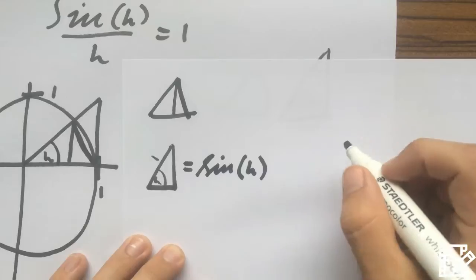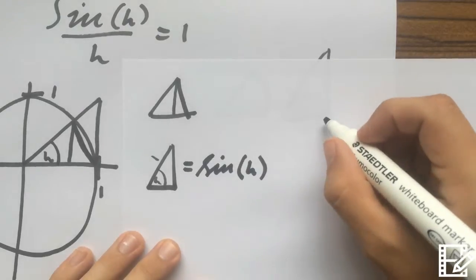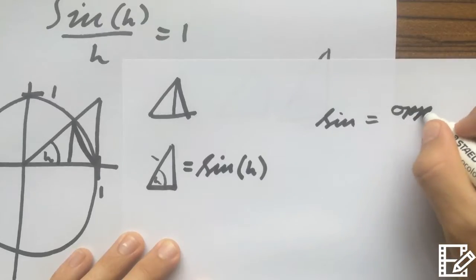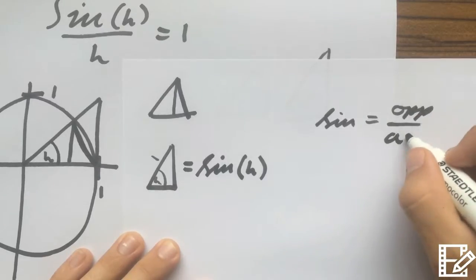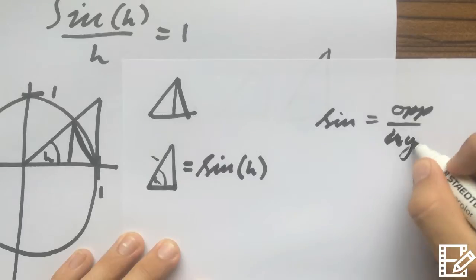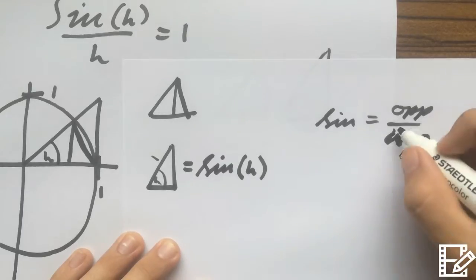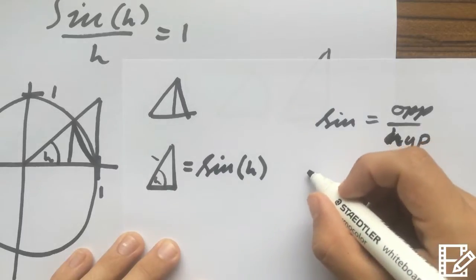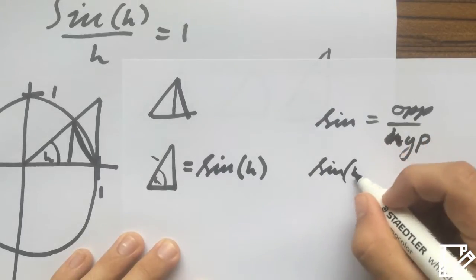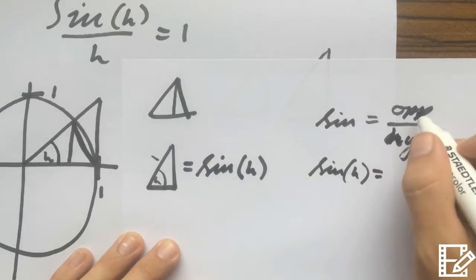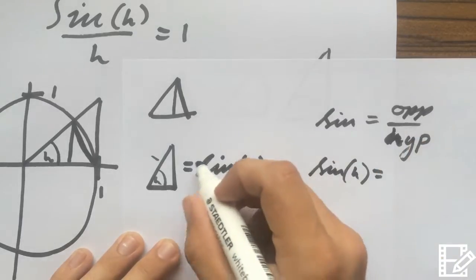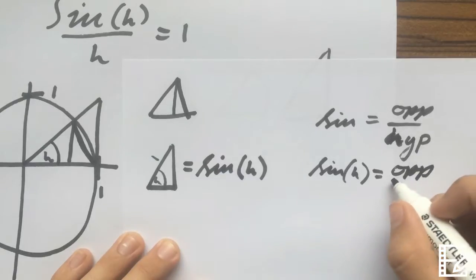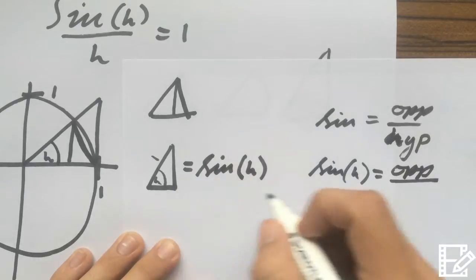h. That is because sine is equal to opposite over the hypotenuse. That's a terrible h, but opposite over the hypotenuse. So sine h, the opposite we know is sine h, but I'm just going to write opposite for now, over the hypotenuse.